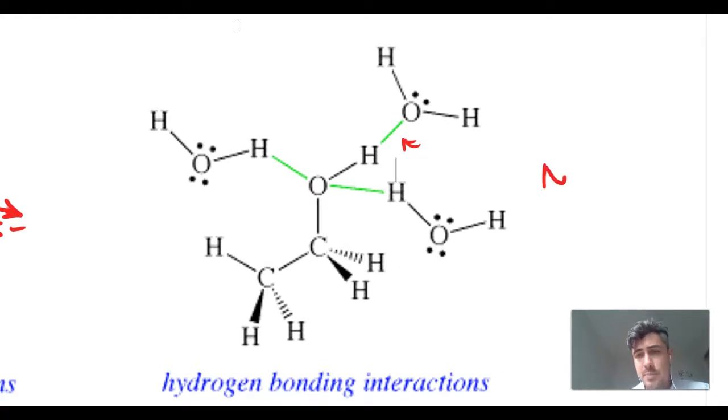And this is possible because oxygen is part of the NOF group, and therefore we have such a difference in electronegativities that the electron density is pulled almost entirely off the hydrogen to create a very polar hydrogen, and this forms a hydrogen bond, which is shown in green here, which means that the solubility of alcohol in water is very high.